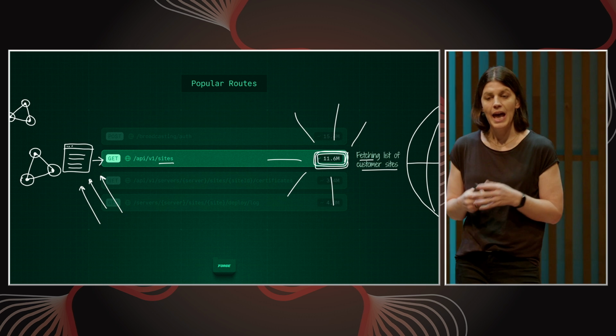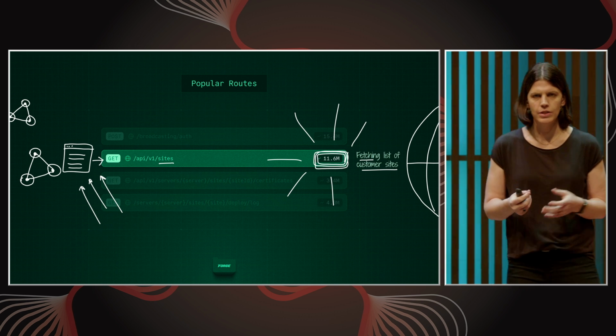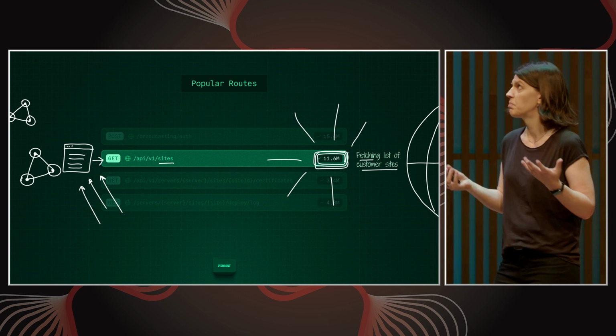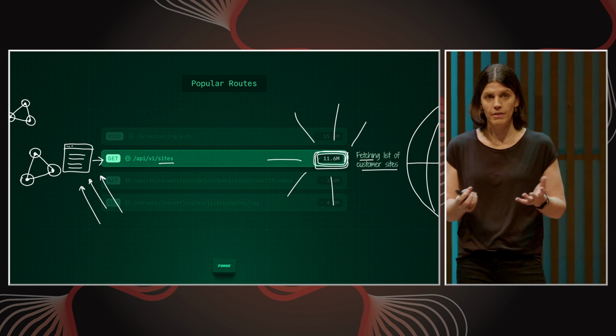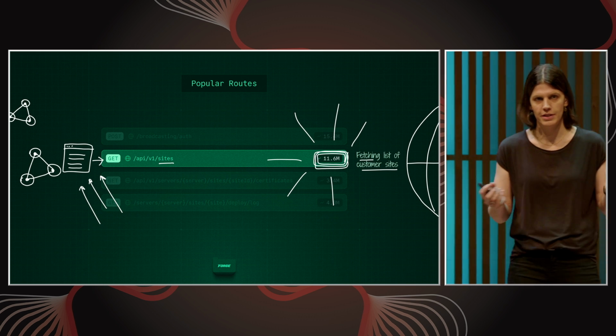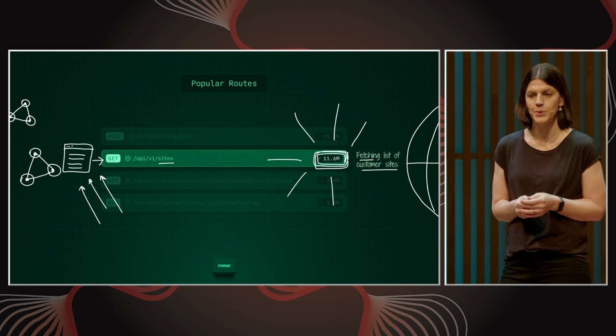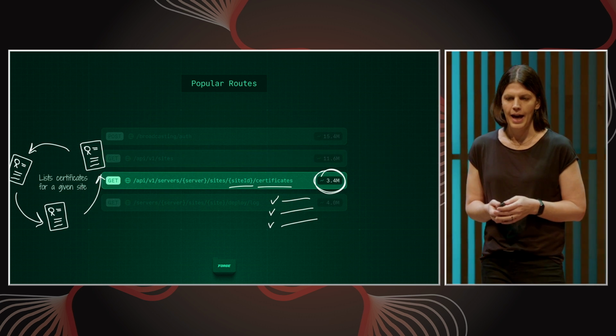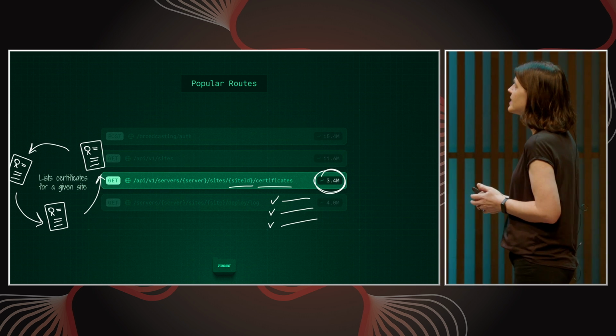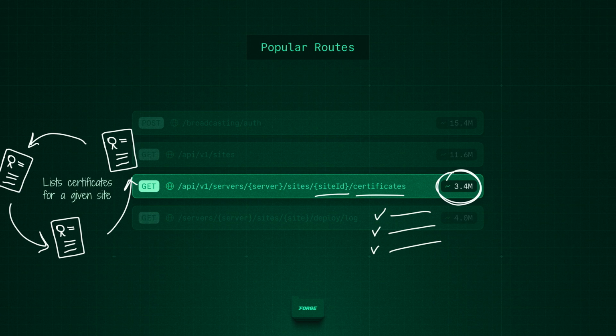We then have an API route to retrieve the list of sites for a particular customer. This one's pretty popular, I guess, for people's all sorts of different automations. Forge has a very, very detailed API you can do all sorts of cool stuff with. We then have this route here. This one lists certificates for a given site. Again, quite a lot of requests to this one. I think James was saying that it's only a handful of customers responsible for all of these requests with various automations.